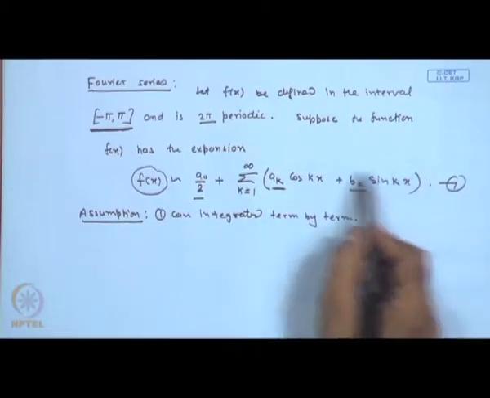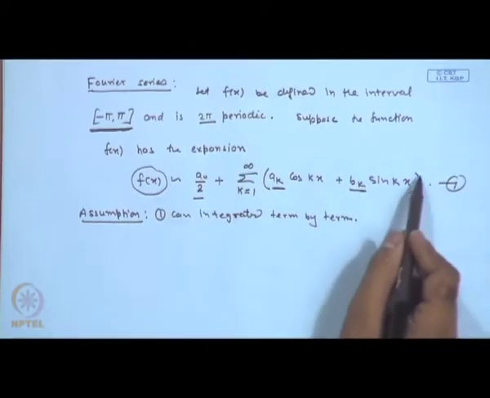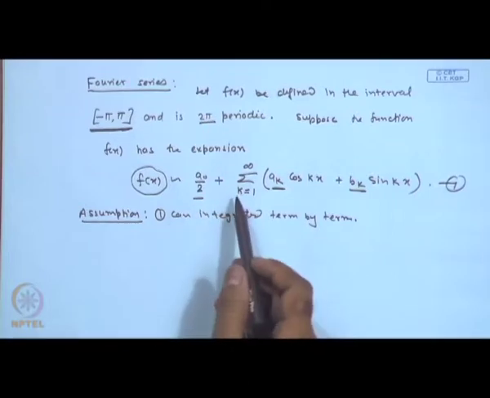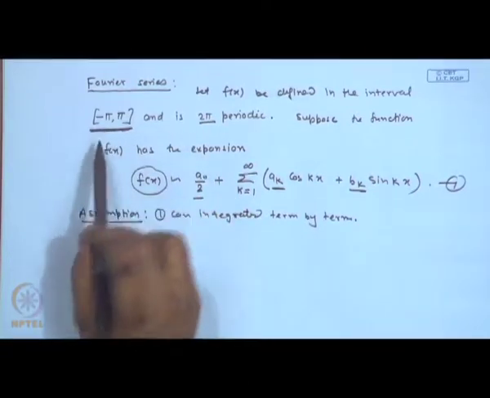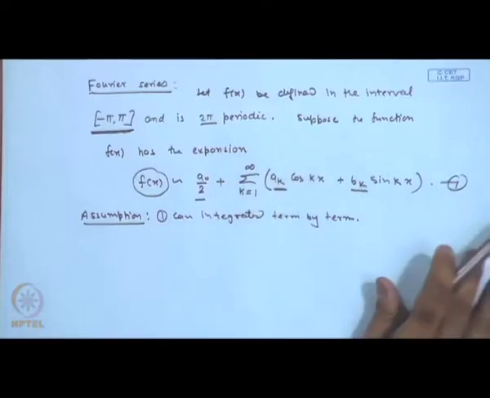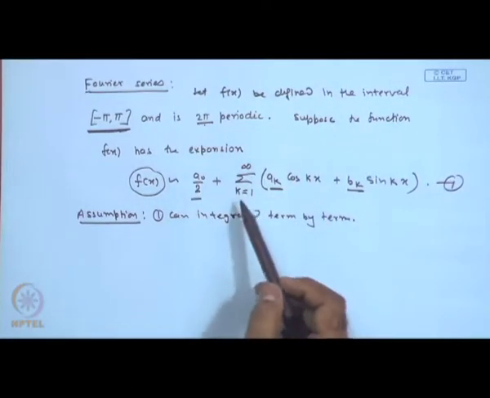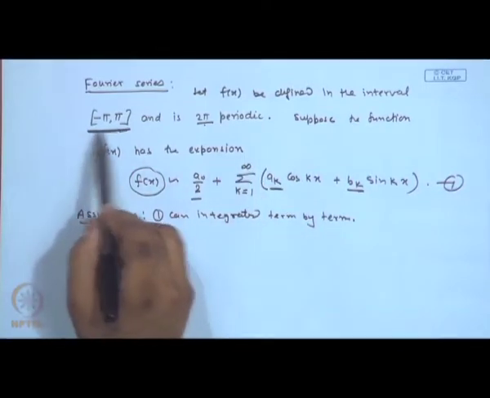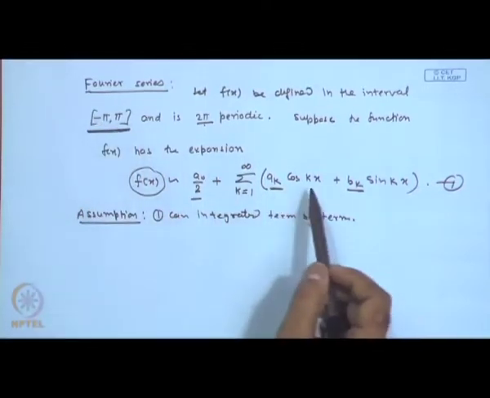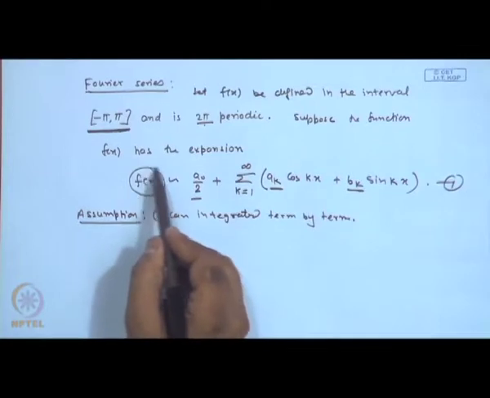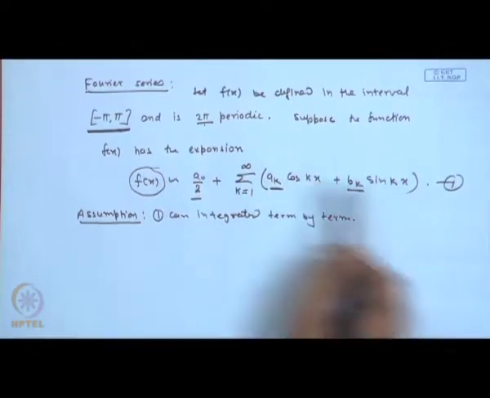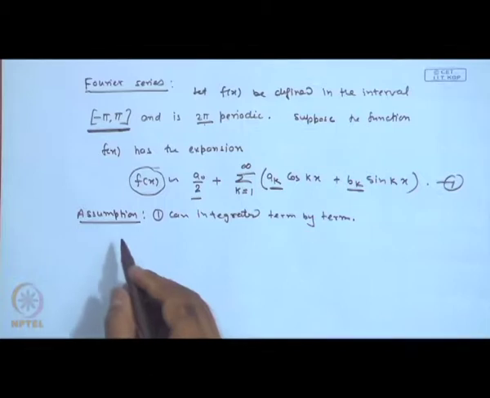So, now we integrate the series from minus pi to pi. For a general case, when we take a function of period 2L, we will integrate from minus L to L, but in this case we integrate from minus pi to pi, and assume that the integral of the series is equal to the integral of f(x).